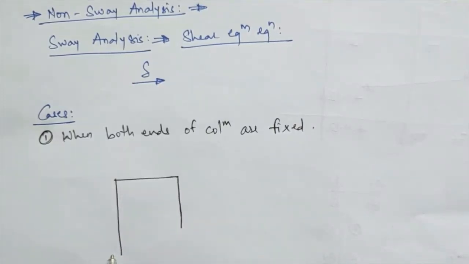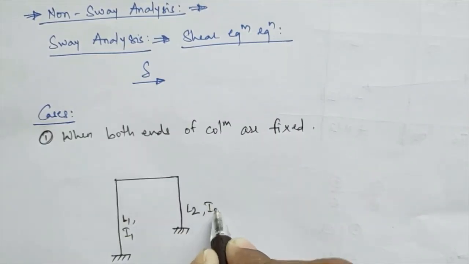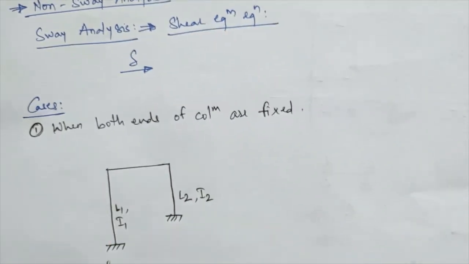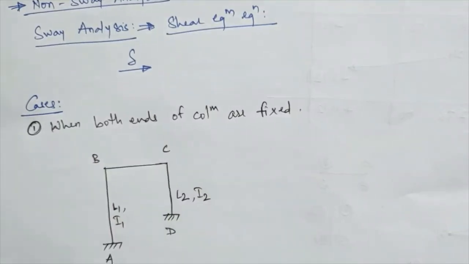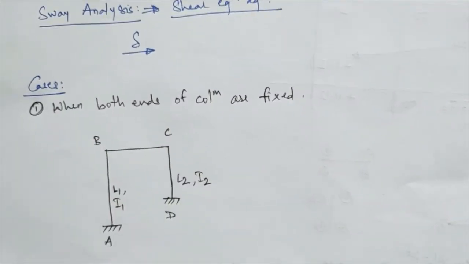Suppose these are the two columns, and I am changing the lengths of these two columns. Suppose the length of the first column is L1 and the length of the second column is L2. The moment of inertia for the first column is I1, and for the second it is I2. This is A, B, C, and this will be D.